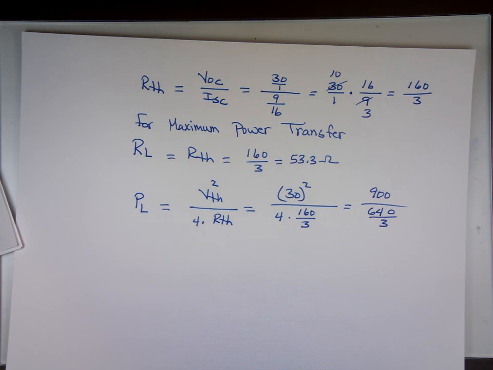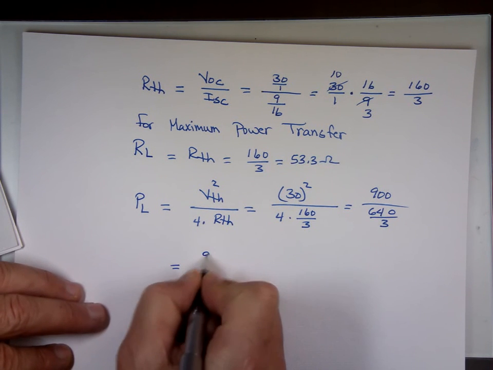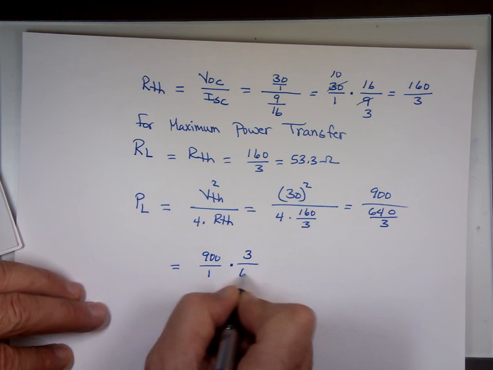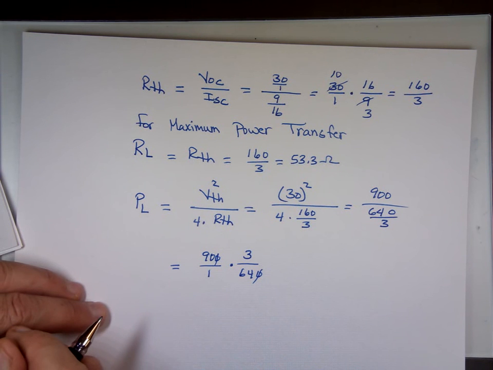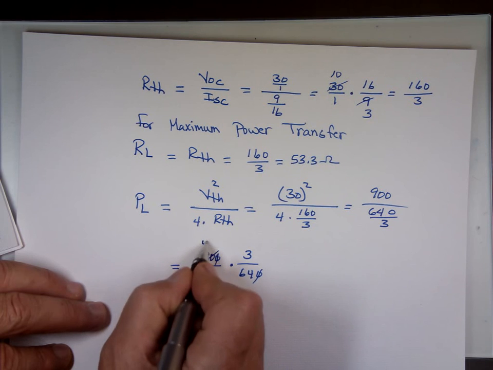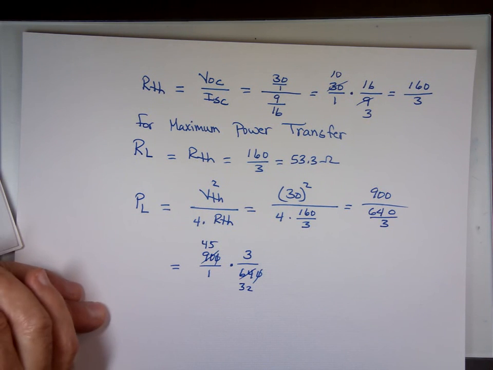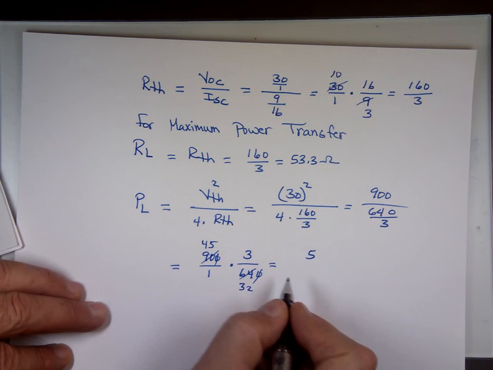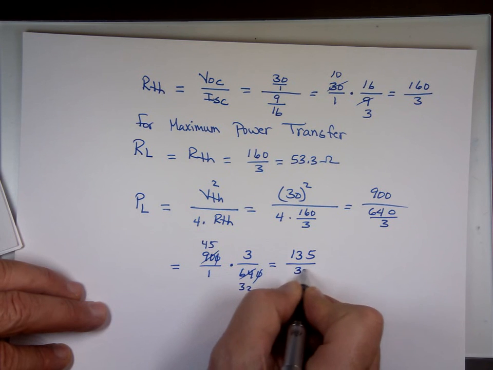Do the math. 900 over 1 times 3 over 640. Can simplify by 5, 45 over 32, right? 3 times 45, 3 times 5, 15, 5 carry 1, 3 times 4 is 12, 13, so 135 over 32, which is what?